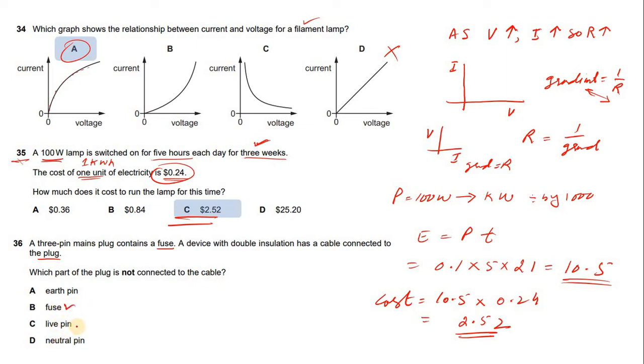Remember, a fuse is necessary to protect, so we need to connect the fuse. Live pin must be connected because it is carrying current, bringing current into the device, and neutral is taking back all the current. So these three are necessary for a component to work. So earth pin is not connected. Option is A.